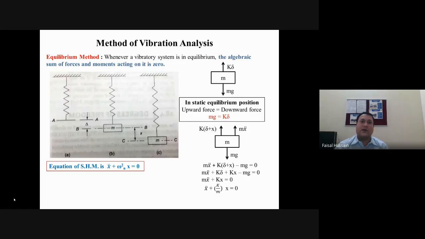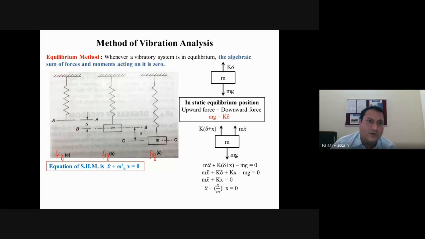So now let us start. Here there are three figures. This is figure number A, this is figure number B, and the third one is figure number C. We will go step by step. In the first figure, you can see that a spring is attached.